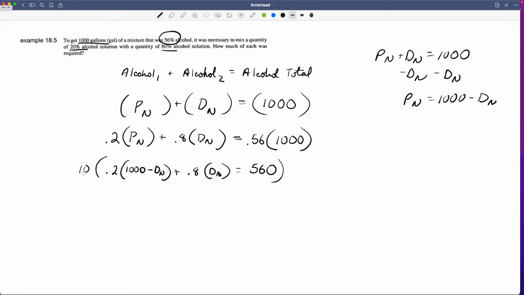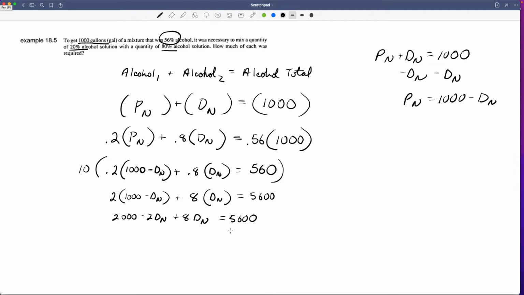So 10 times that would be 2 times 1,000 minus Dn plus 8 times Dn is equal to 5,600. All right, now that makes sense. Now I can multiply. 2 times 1,000 is 2,000. 2 times Dn plus 8 times Dn equals 5,600.